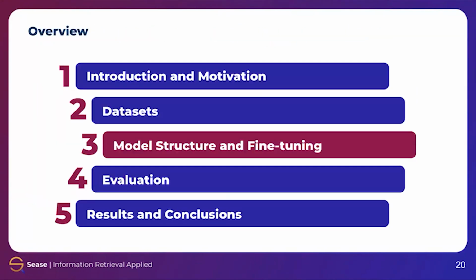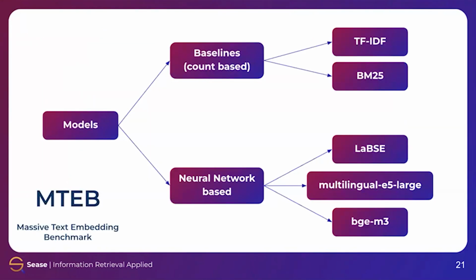How do we pick models and how do we fine-tune the neural models in this case? Looking at neural network-based models, I looked at the MTEB massive text embedding benchmark. At the time, there was no multilingual version of this benchmark, but I tried to filter the multilingual models that had different specific characteristics and that were as high as possible on the benchmark, so the best as multilingual.